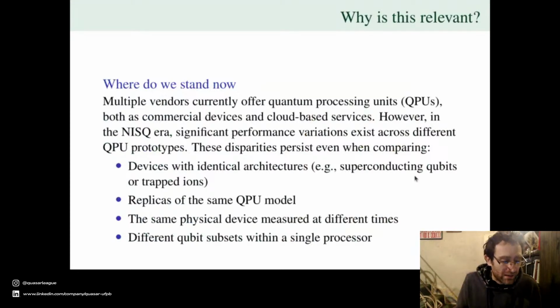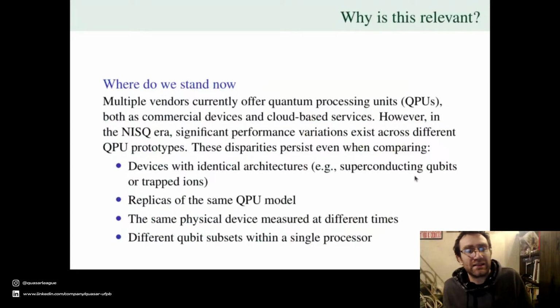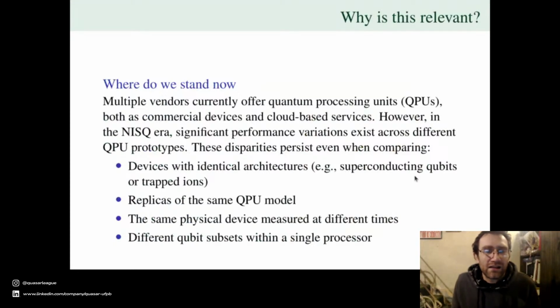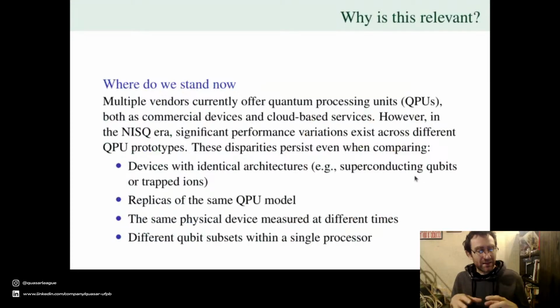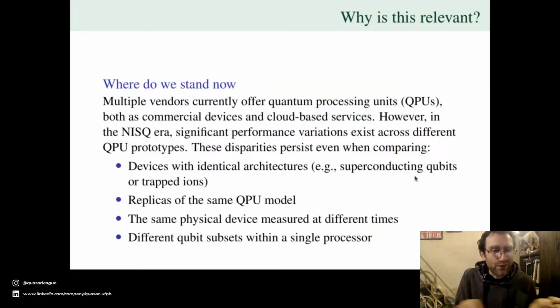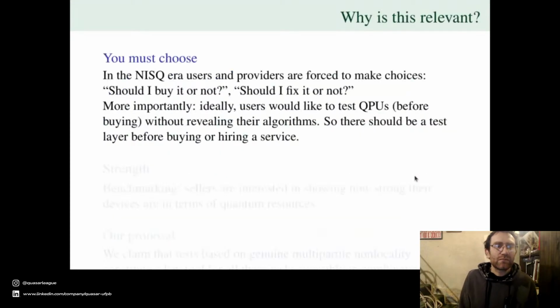Also, the same physical device, when measured at different times during the day or during the week, can display very variable performance. And even inside the same processor at the same time, different qubit subsets will perform in a different way. So in the NISQ era, users and providers are forced to make choices.